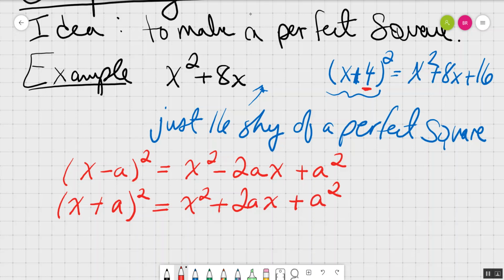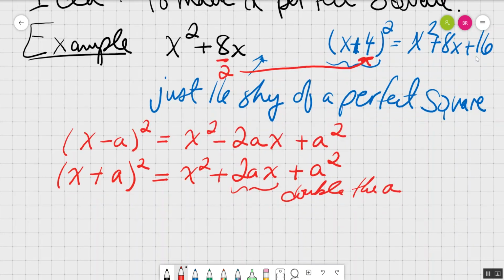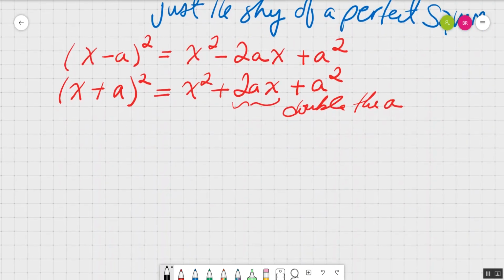So what you notice is that in the middle, I always get double the a. So how did I pick 4? I just took 8 and divided it by 2. And that's how I picked 4. And it'll always work. Let's use this in our next set of examples.